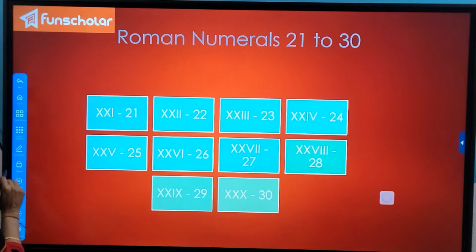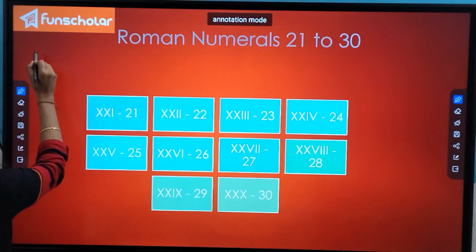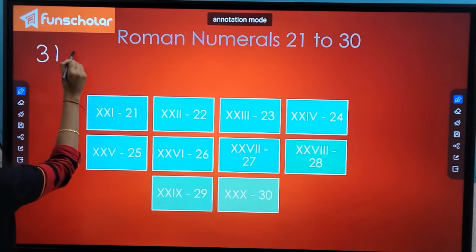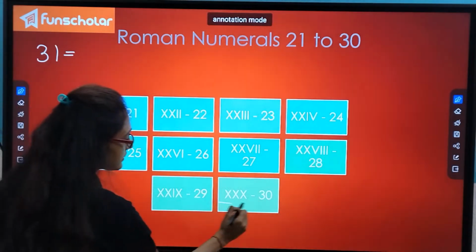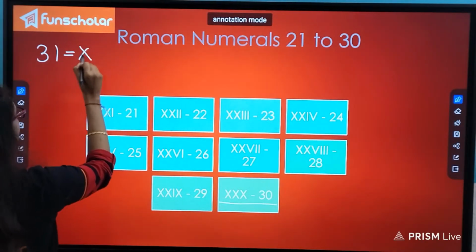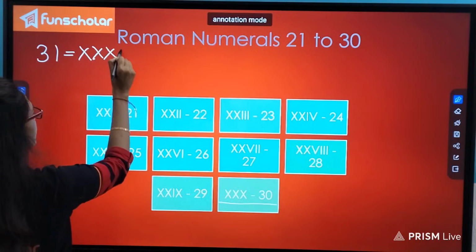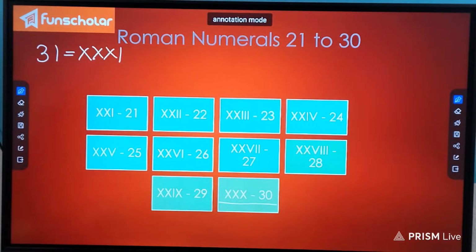Now comes 31. Okay. Let's try 31. So, 30, how did we just learn to represent? By triple X. 30, and we are adding 1 with it.